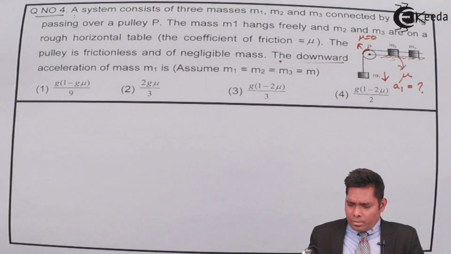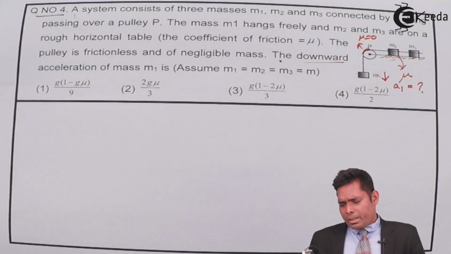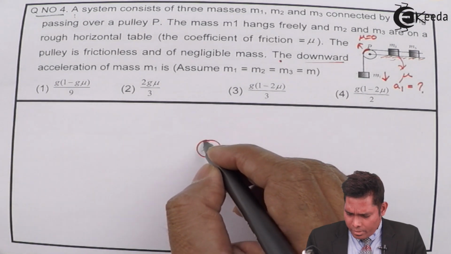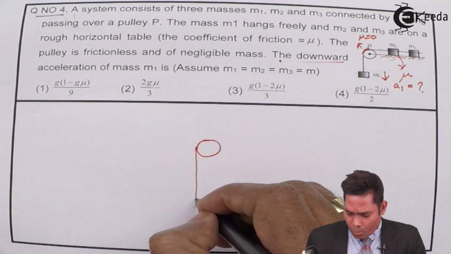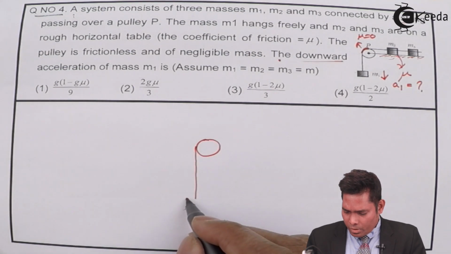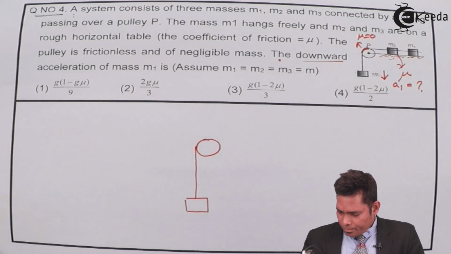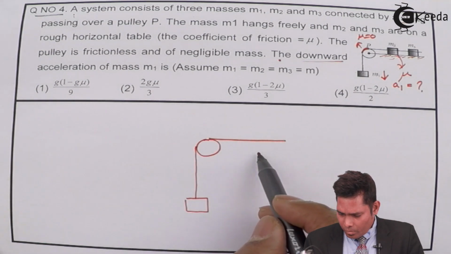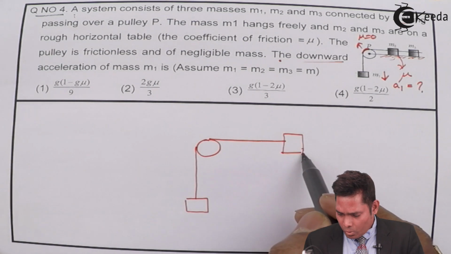The first one, if I draw the free body diagram to make you understand: this is the pulley. Here the rope goes, here is one block. The blocks are like so.